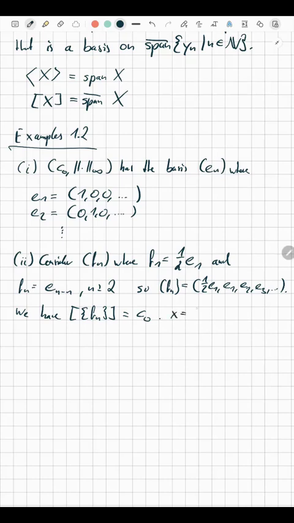So let's consider the vector x, which is 3, 2, 1, and then just zeros afterwards. This is obviously an element of C0. And we can represent this with 2 sequences of real scalars.